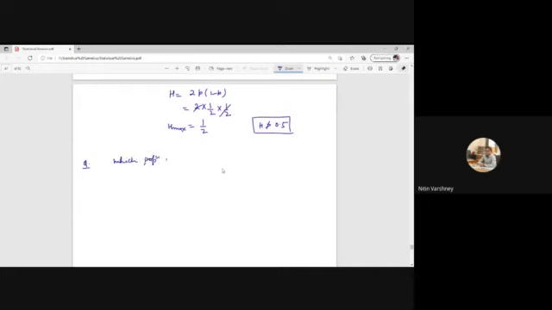Now in a question it can come, for example, which population is in equilibrium. There will be options like: first, 0.2, 0.5, 0.3; second, 0.1, 0.7, 0.2; C is 0.3, 0.4, 0.3; D is 0.4, 0.1, 0.5.